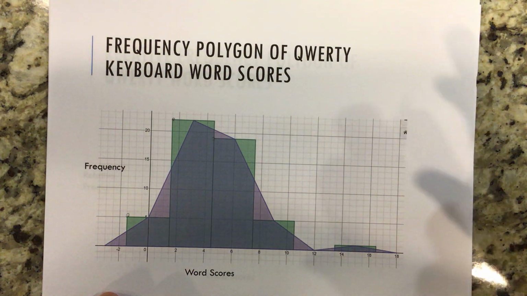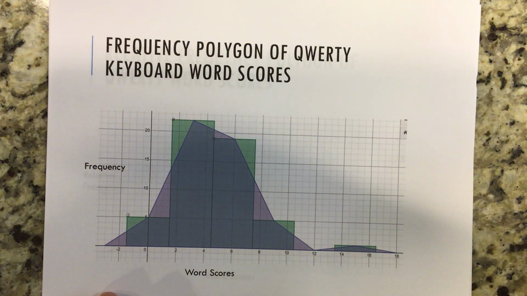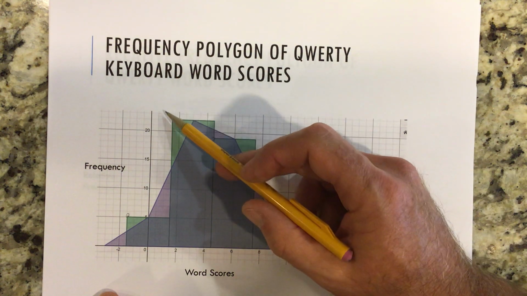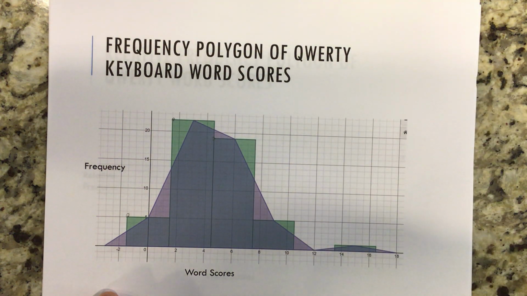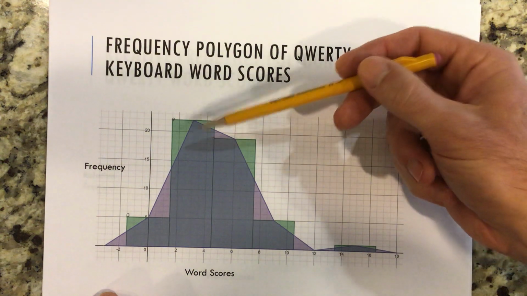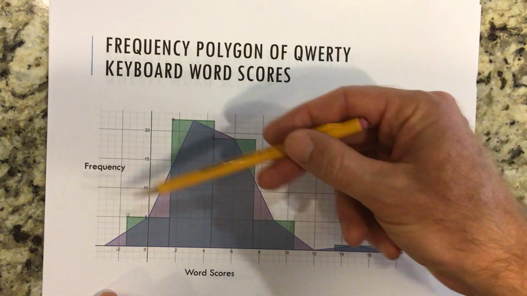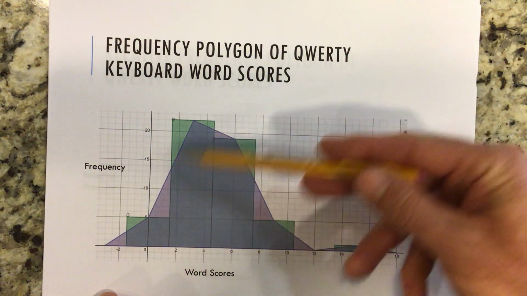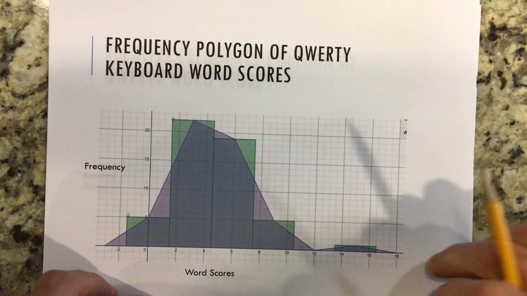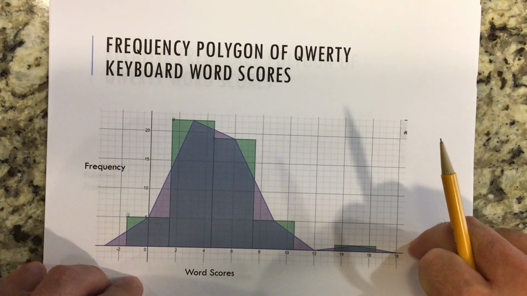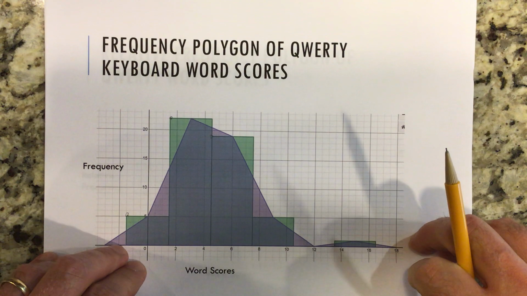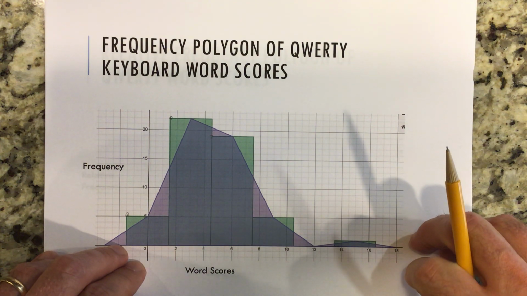But the goal of these graphs is to show the distribution visually. So it really doesn't matter if you're hitting the class midpoint or the left end of your class boundary. It's going to show the exact same shape, or in other words, the same distribution. And you can see how the frequency polygon versus the histogram, they're showing the same basic shape. So they're pretty much interchangeable, but again, follow directions when you make these, okay?